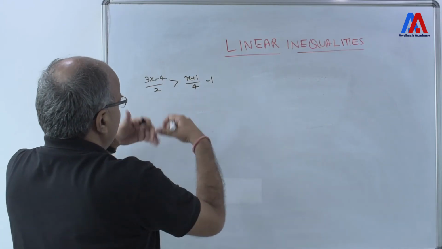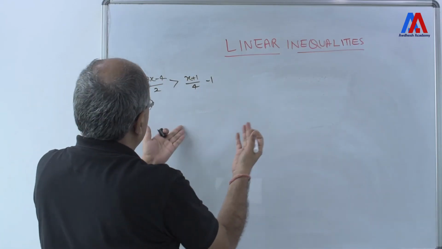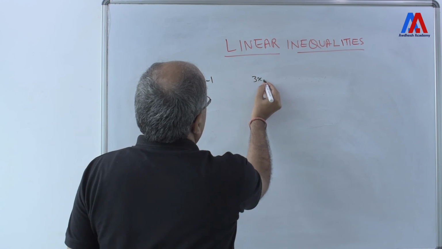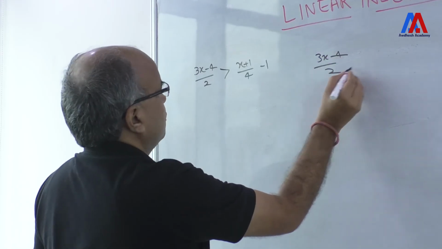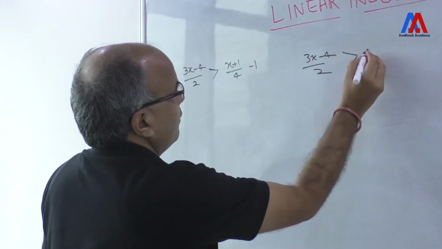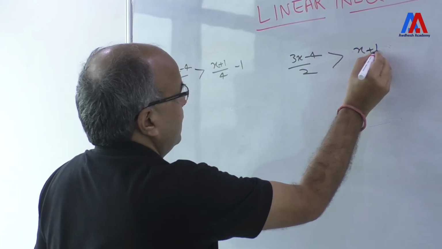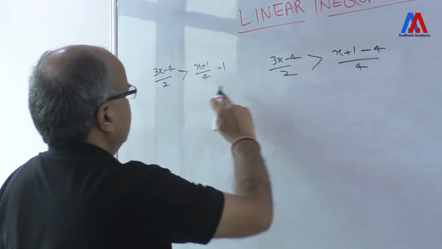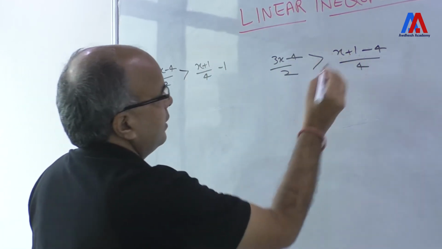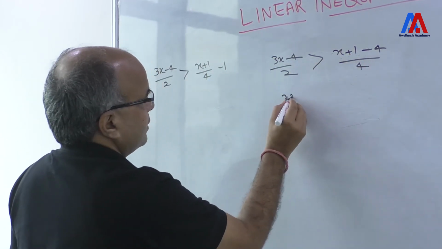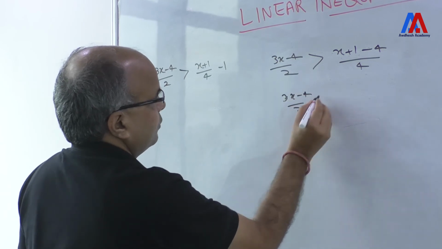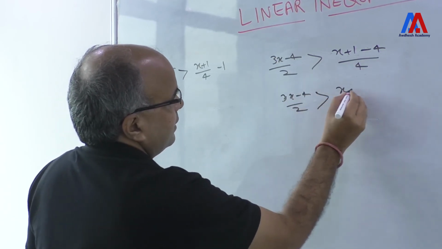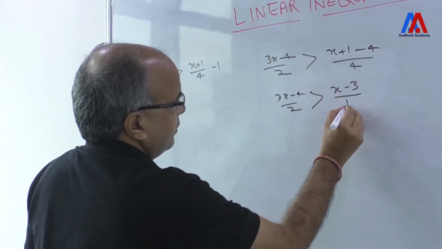Let us now solve this problem just like we solve normal equations. So (3x minus 4) by 2 greater than (x plus 1) divided by 4, and this will become minus 4 because 4 into minus 1. So we can write (3x minus 4) divided by 2 greater than (x minus 3) divided by 4.